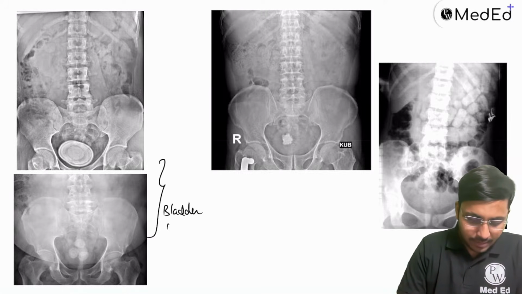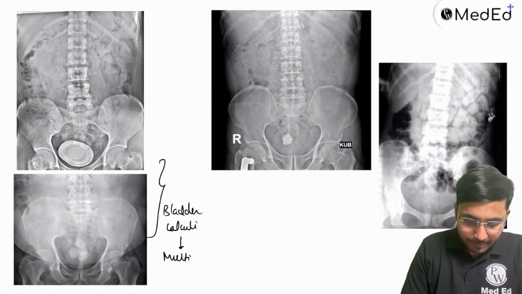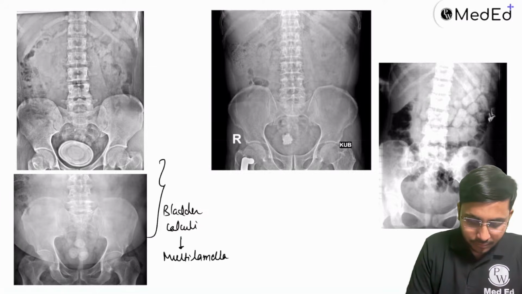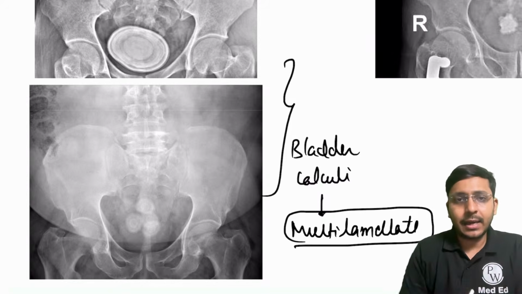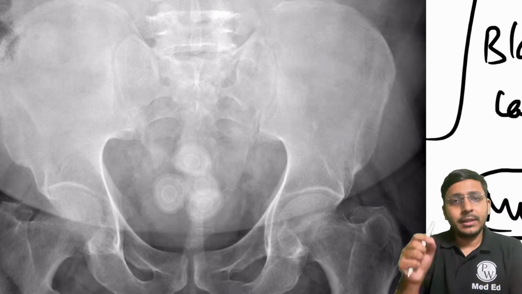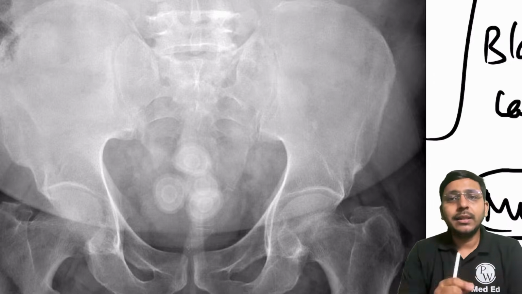And this is how bladder calculi look like. These are usually multilamellated. So you see multiple layers. This is bladder calculi. Again, even if they're small, they'll show multiple layers.